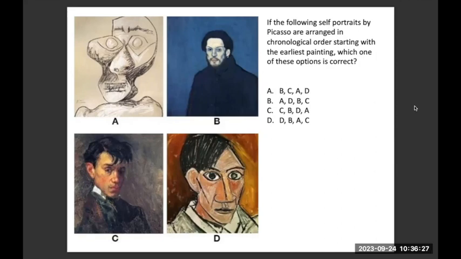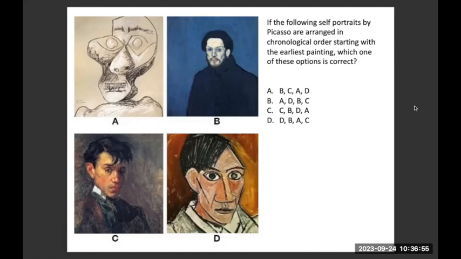See, in case of Picasso, his earliest work, let me tell you, was very much associated with realism as an art form. And as he moved further in his life, he shifted his style completely to cubism, which is a very abstract form of actual depiction.